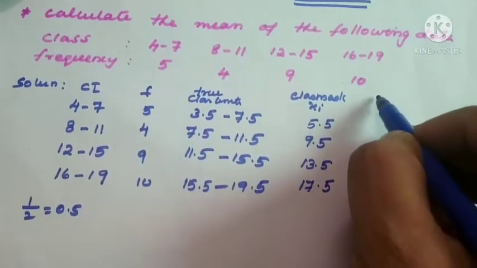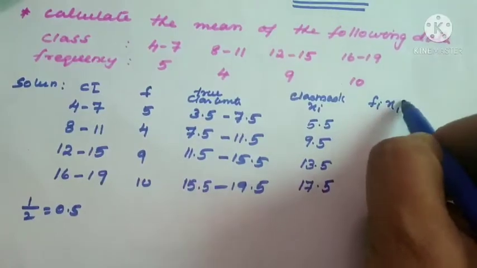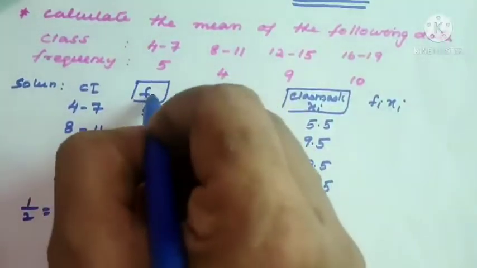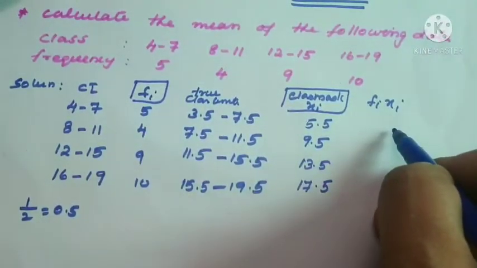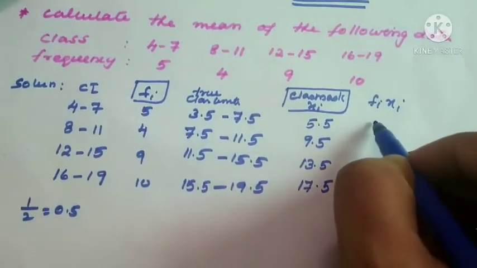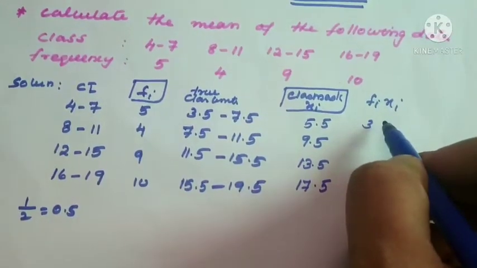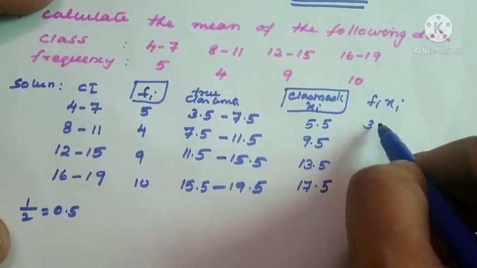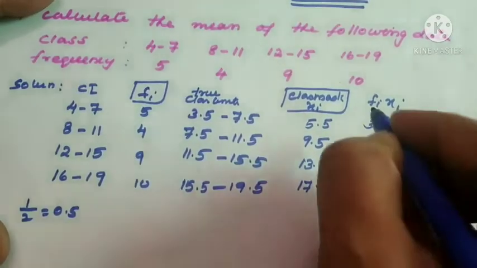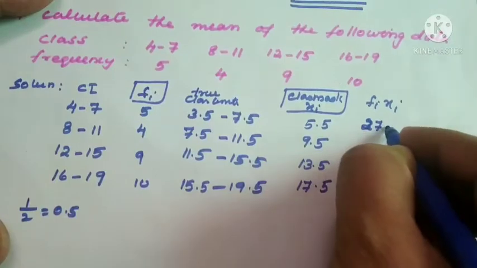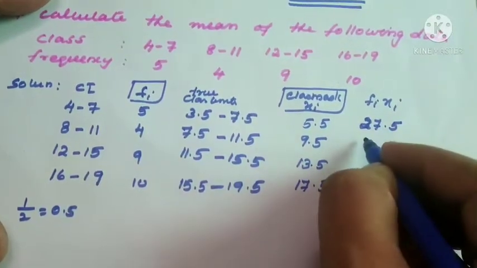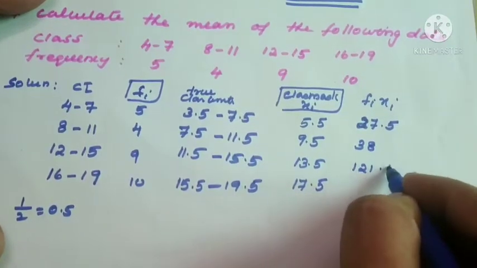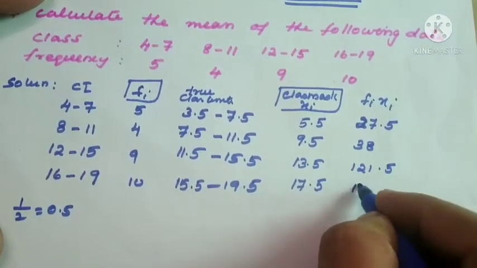What is the next column? Fi xi. So this time don't get confused. We have to multiply the two columns. So 5 into 5.5 is 27.5. Next is 38, 121.5, 175.